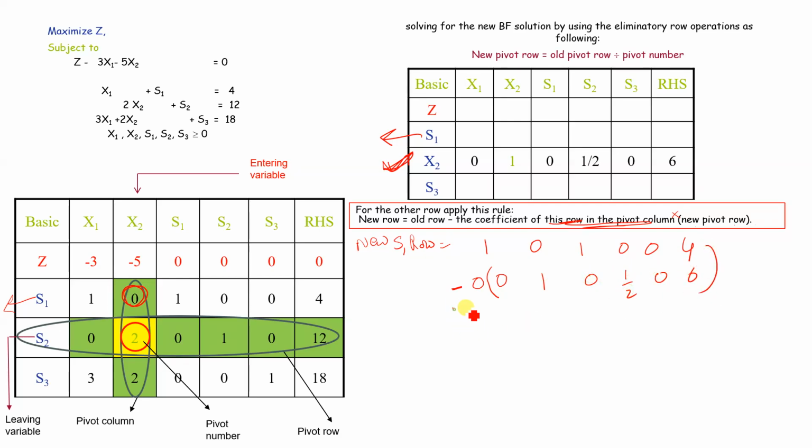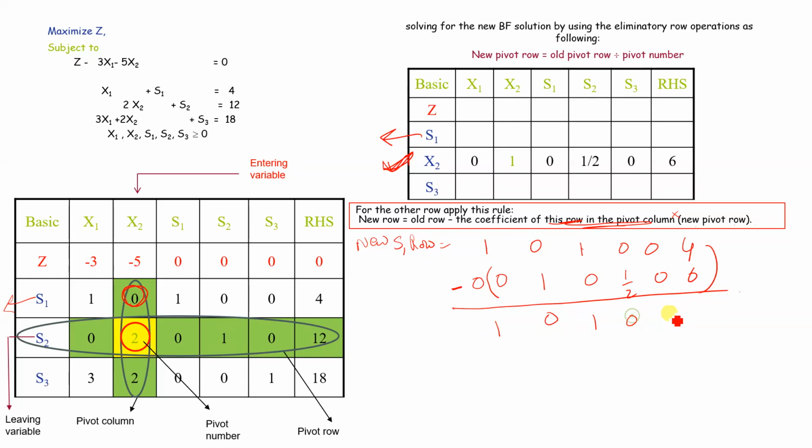And let's perform the computations. Let's see. 1 minus 0 is 1. 0 minus 1 is minus 1. Sorry, 0 minus 0 is... since we are going to multiply every element with 0, that will become 0. Pardon me for that. 0 minus 0 is 0. 1 minus 0 is 1.